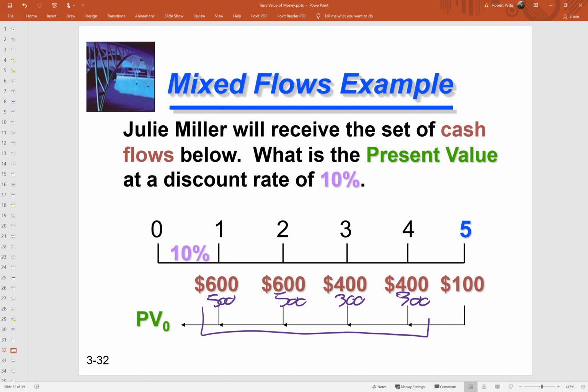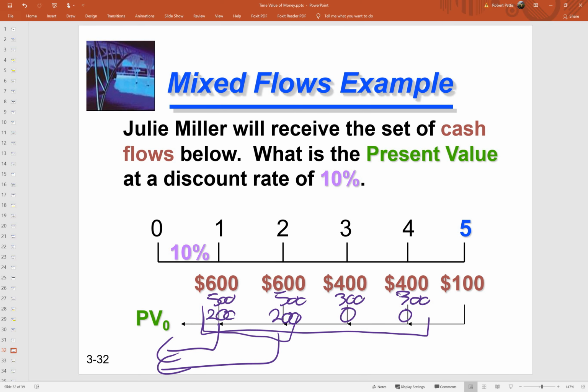Then this would be 0 left. This would be 200, that would still be 200. So now we've got an annuity of 200 that we could deal with. So we could plug that in, or we could just discount them back.